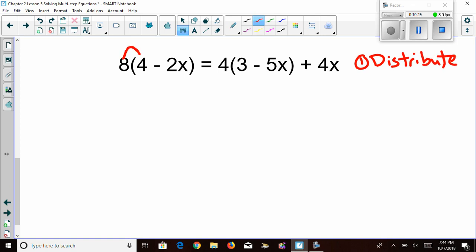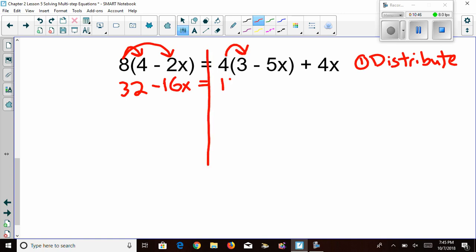So the 8 multiplies to the 4, 32. 8 multiplies to the minus 2x for negative 16x equals, I gotta do 4 times 3, which is 12. 4 times negative 5x, which is negative 20x, plus 4x. I'm gonna bring down that last piece.